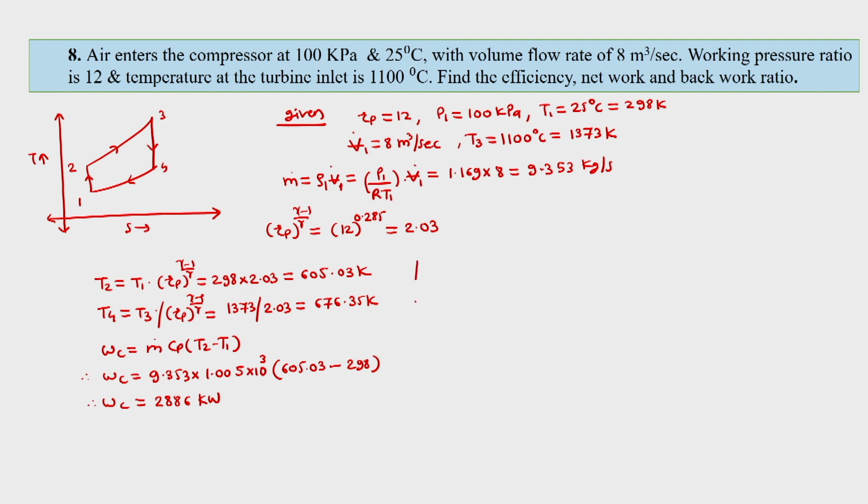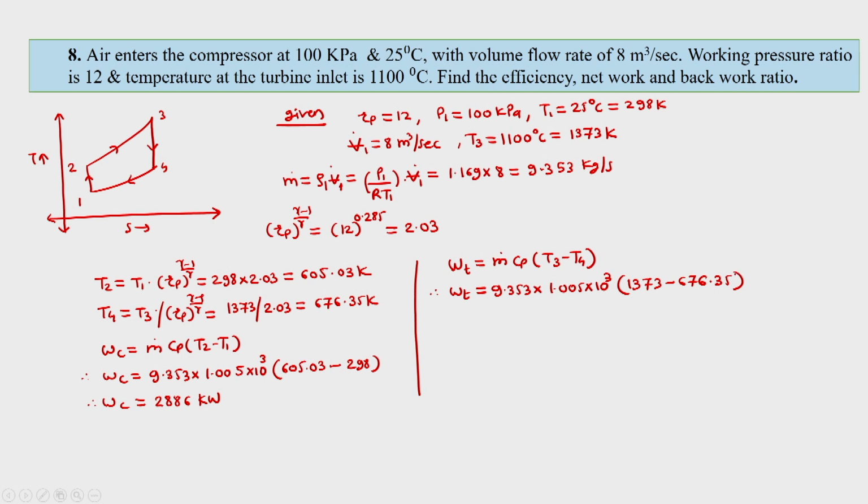Further, we can go ahead and calculate turbine work as m dot Cp into (T3 minus T4). So turbine work is 9.353 into 1.005 into 10 to the power 3, with T3 as 1373 and T4 as 676.35.